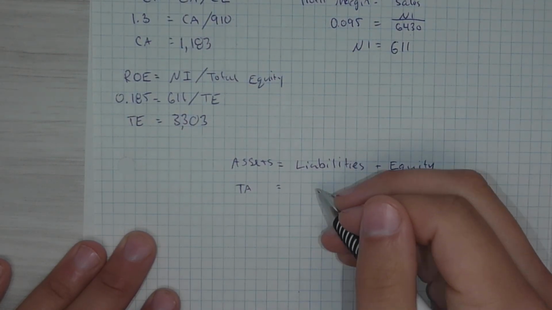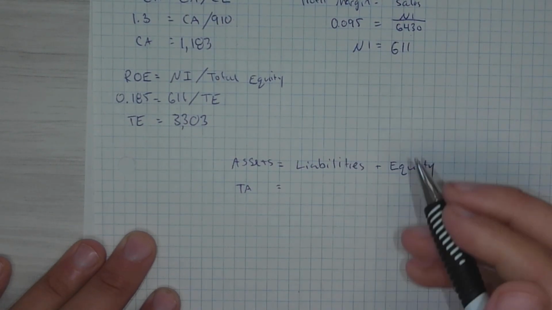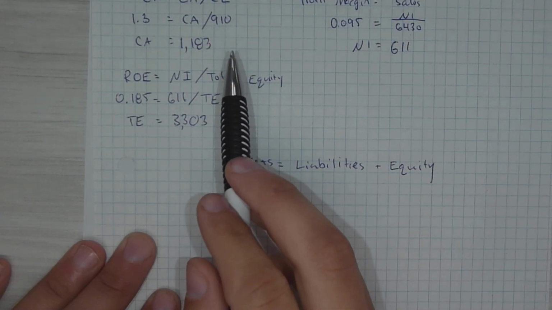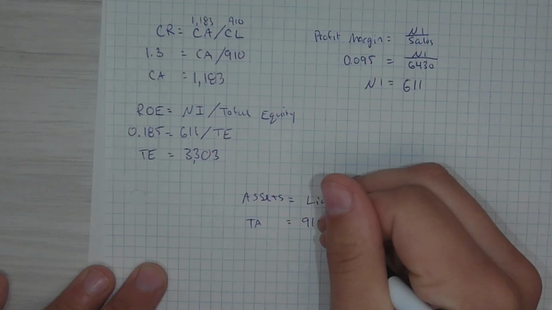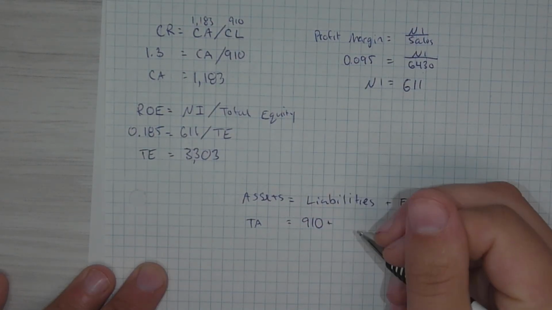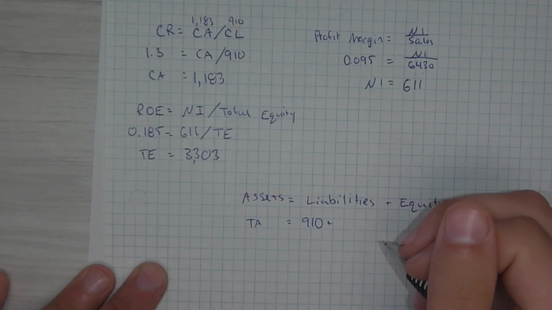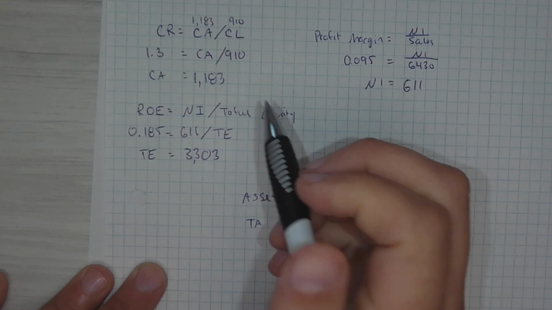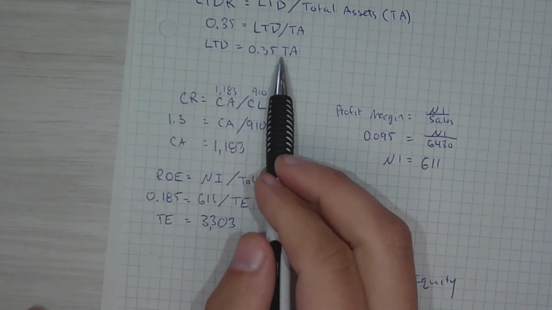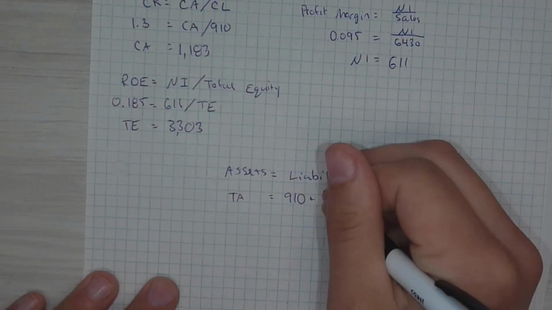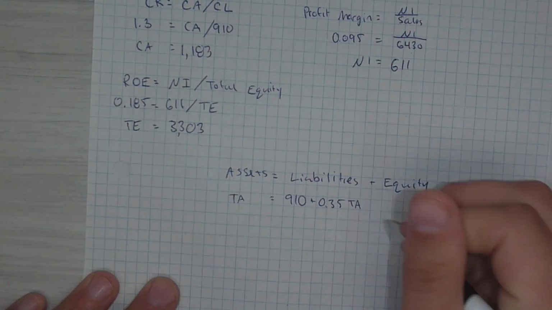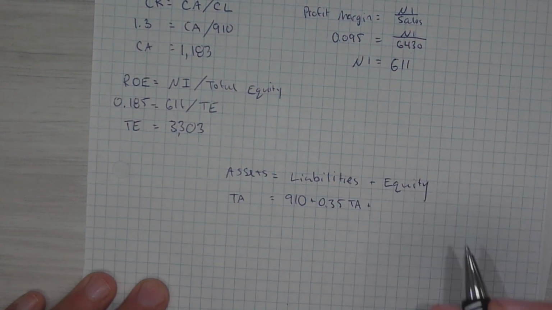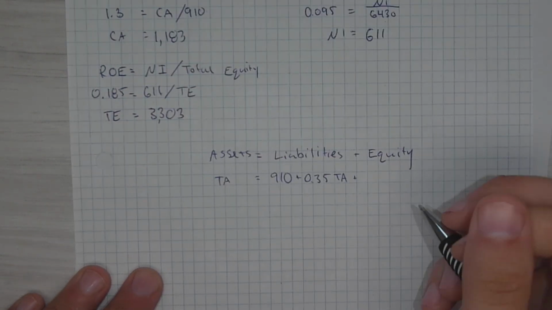Our liabilities, we have our current liabilities, which was given to us, 910, plus our long-term debt, which is 0.35 of total assets, plus our equity, which our total equity is 3303.